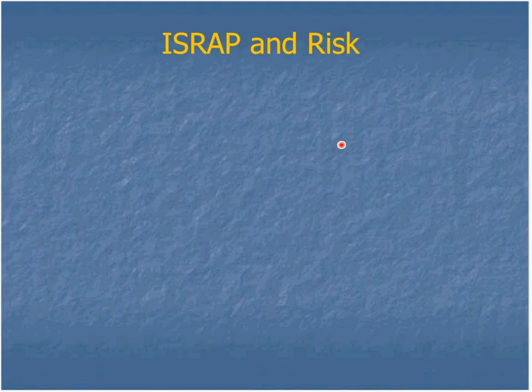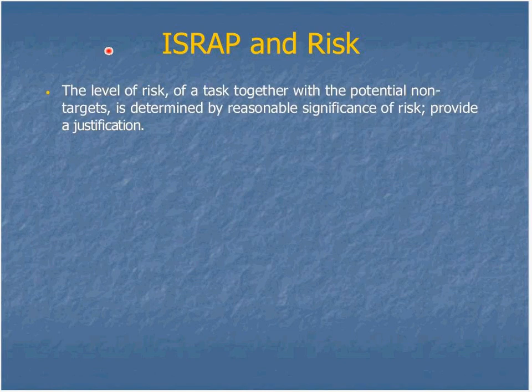After we've assessed risk, I just wanted to make a few more points about ISRAP and risk. What we're looking at here is the level of risk of a task together with the potential non-targets. It determines the reasonable significance of risk, and then you have to provide a justification.